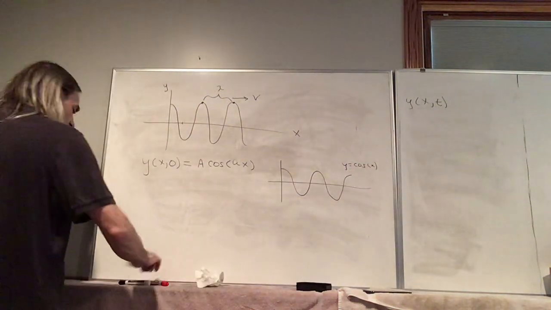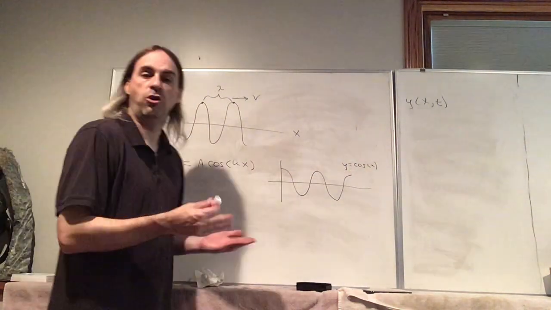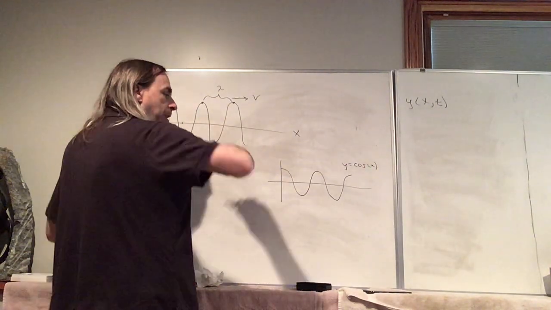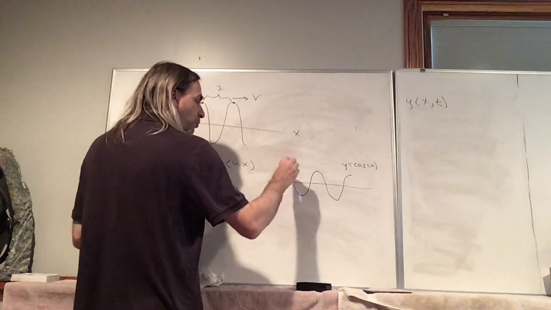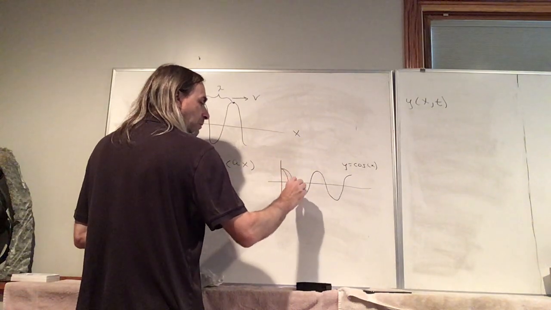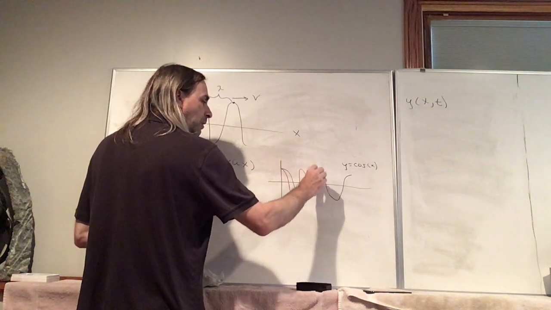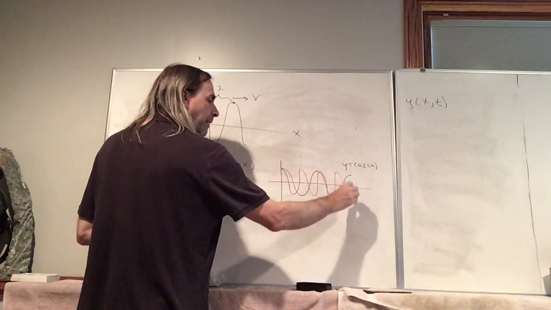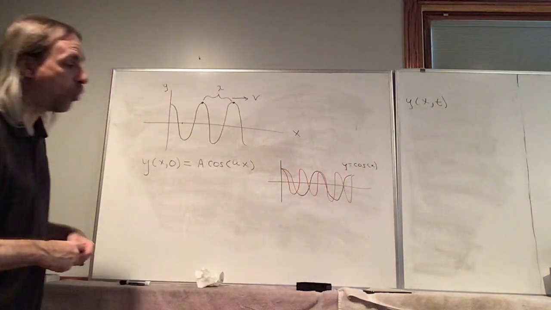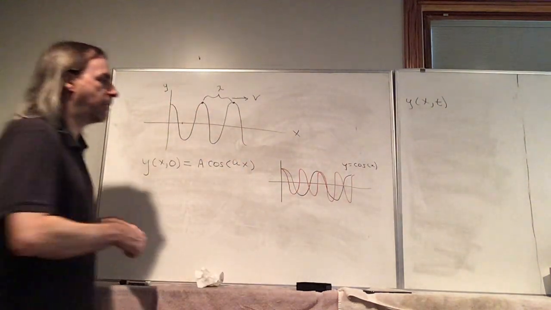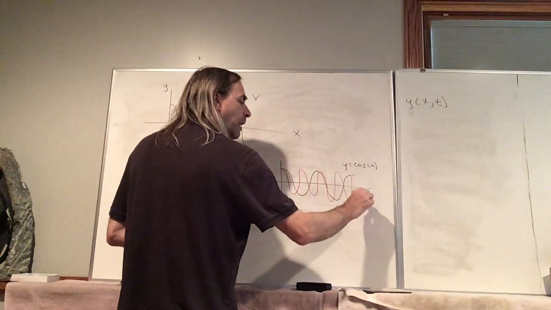What happens if we replace that with 2x? What that's going to do is make the wave look something like this. It's going to give it a shorter wavelength. So this red one is y equals cosine 2x.